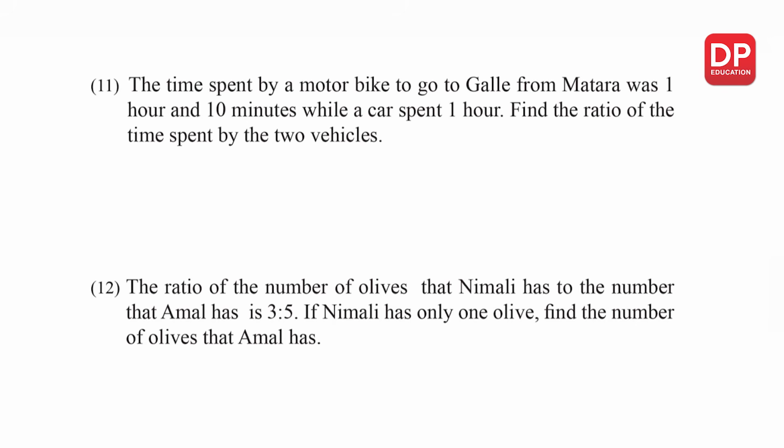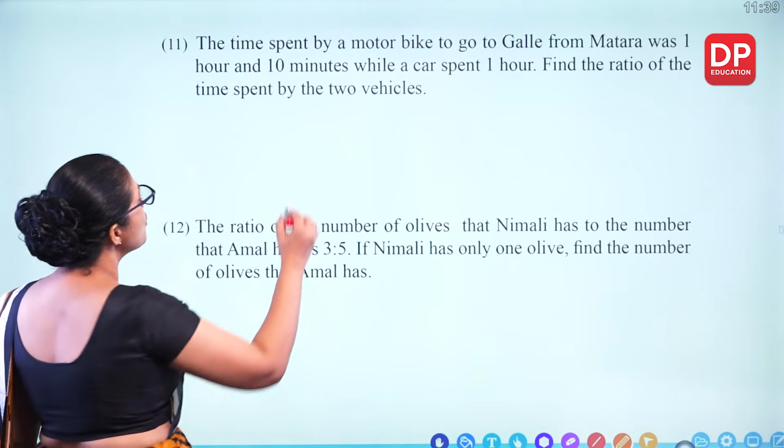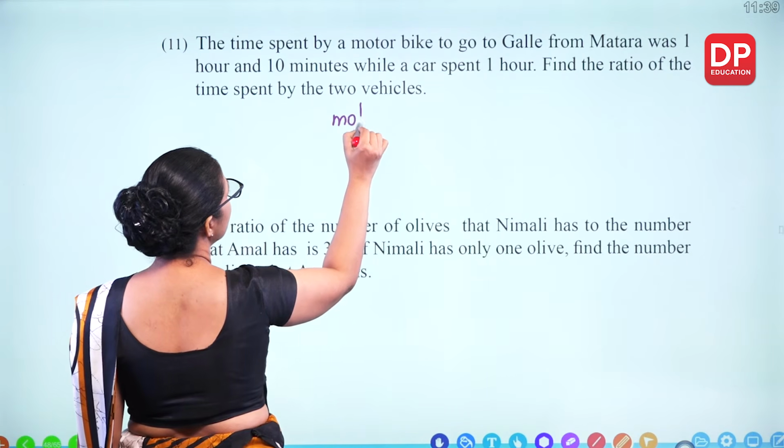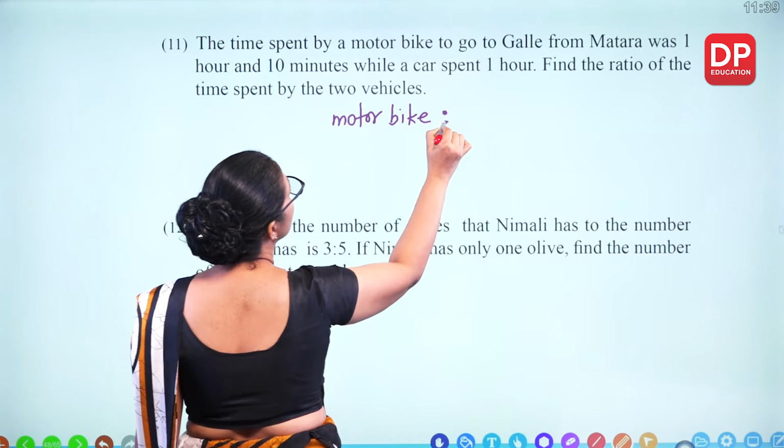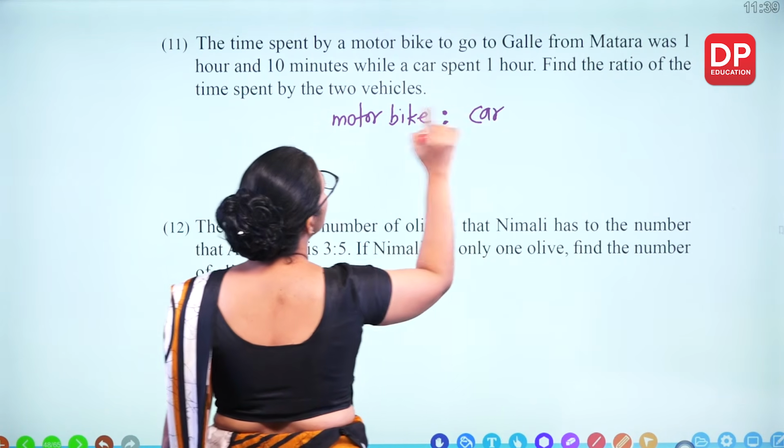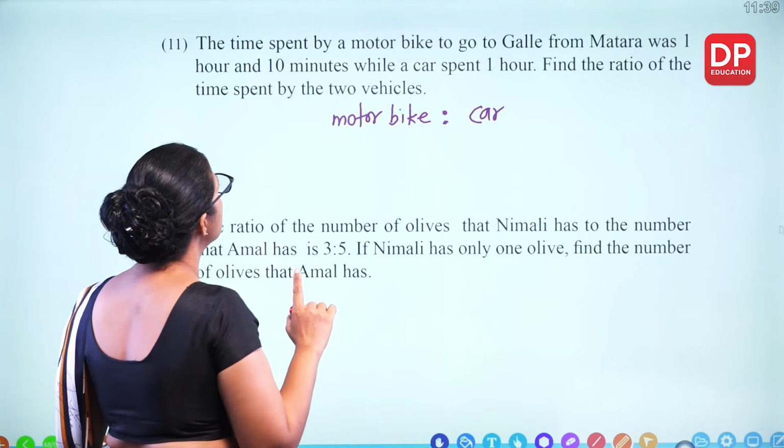The time spent by a motorbike to go to Galle from Matara was 1 hour and 10 minutes, while the car spent 1 hour. Find the ratio of the time spent by the two vehicles. So motorbike to car. So we'll convert to the same units.